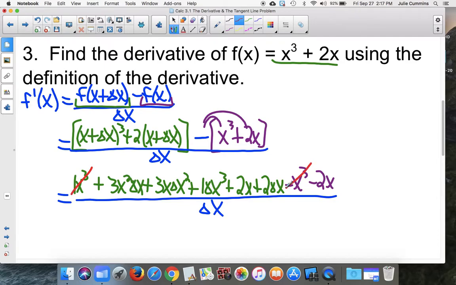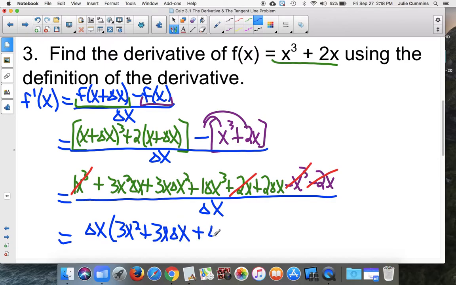X cubed, negative x cubed, 2x, negative 2x. And at this point, you see everything left has a delta x in it, so I can factor out a delta x from the top. So we get 3x squared plus 3x delta x plus delta x squared plus 2 all over delta x.